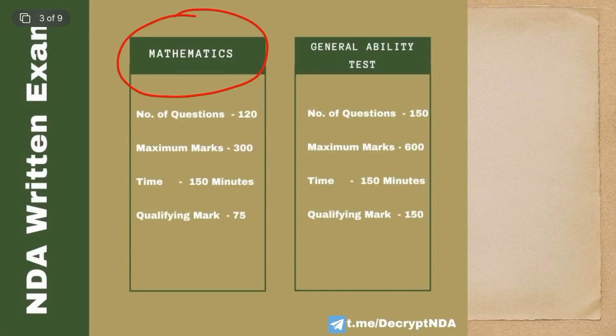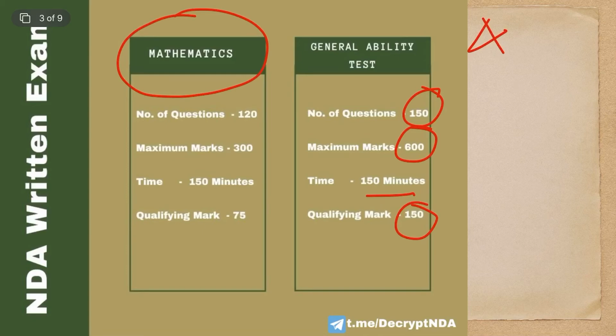Going to the general ability test, it consists of 150 questions and the maximum mark is 600. That means per question you will have 4 marks if you get it right, and the time is 150 minutes or 2.5 hours. You need a minimum of 150 marks, that is 25% of 600, to qualify in the examination.